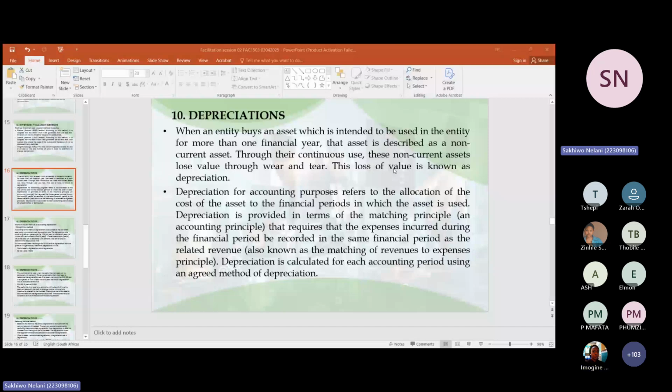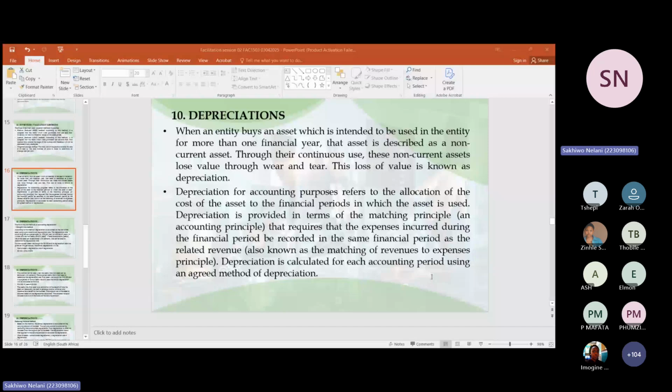Yes, I'm in agreement. Basically, depreciation is the loss of value in terms of your asset. I like the example. If you buy a car and use it for a full year, you buy this car at R500,000, but it doesn't mean that in the next year you will sell it at R500,000, because it also lost value.